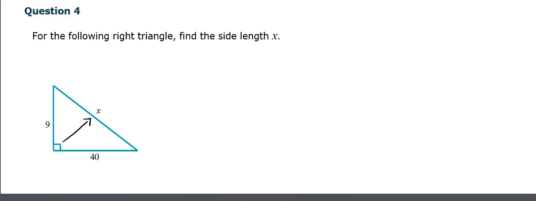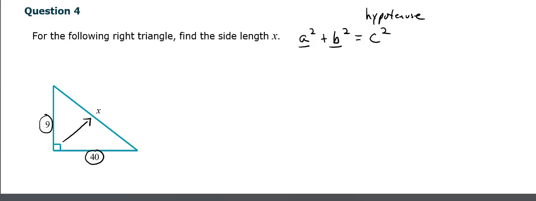So we're going to use the Pythagorean theorem, which is a squared plus b squared equals c squared, which means we square the lengths of our shorter sides, add them together, and that will equal our hypotenuse squared. In this case, it doesn't make a difference which one you call A and which one you call B, but our shorter sides are 9 and 40.